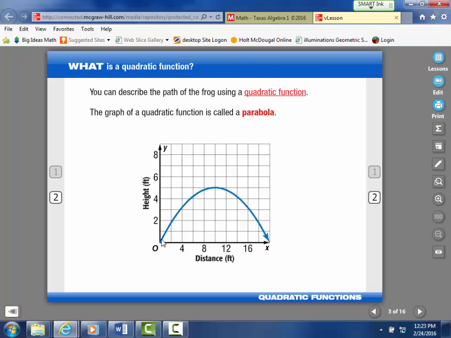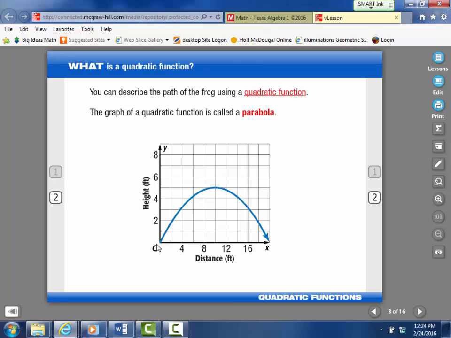Some of you would say, well, this is a straight curve, but mathematicians refer to this as a smooth curve. So we have a smooth curve, and that makes this symmetrical U shape, and that's a parabola. So the graph of a quadratic function is curved, and the graph of a linear function is a straight line. And since it's a function, we can talk about its domain and range.